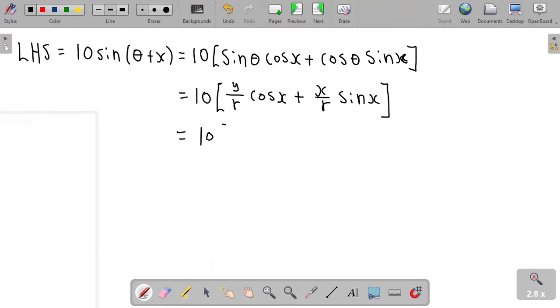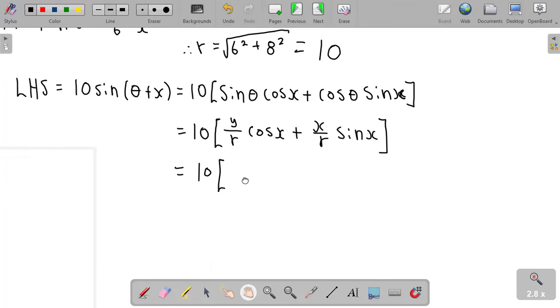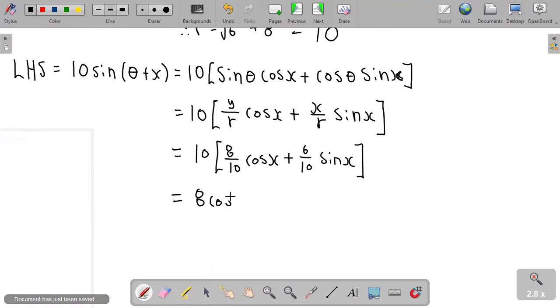So it's 10 into y over r, which is 8 over 10, 8 over 10 cos x plus 6 over 10 sin x.